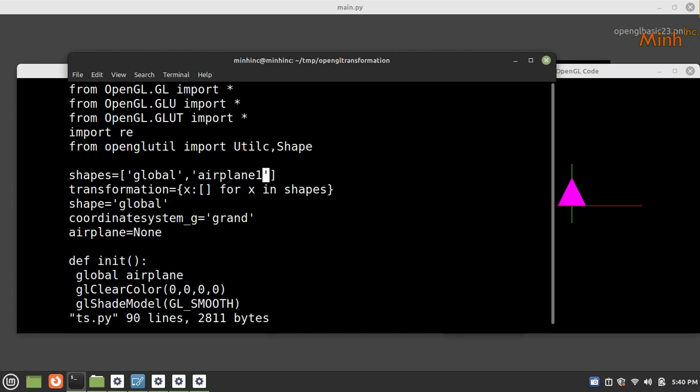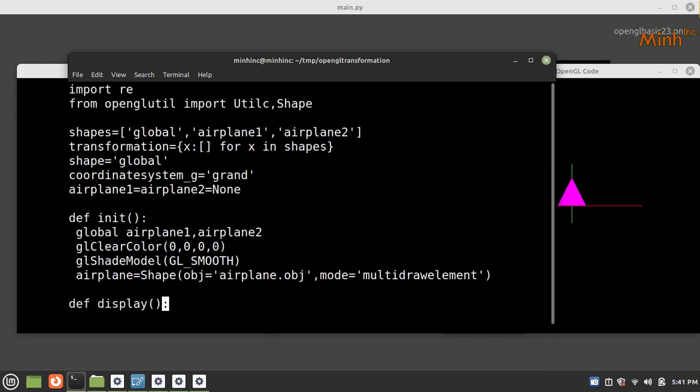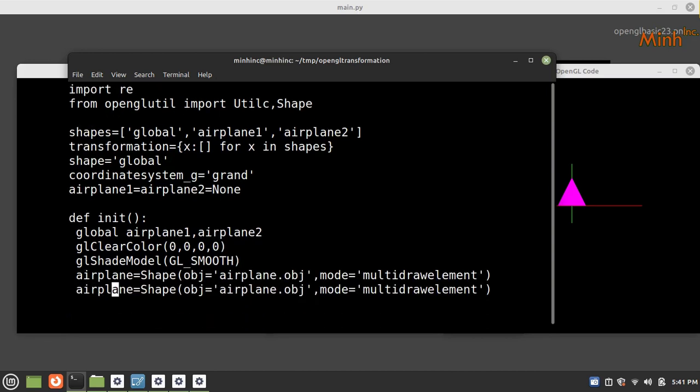I have aeroplane 1 and airplane 2. Now we can instantiate twice.